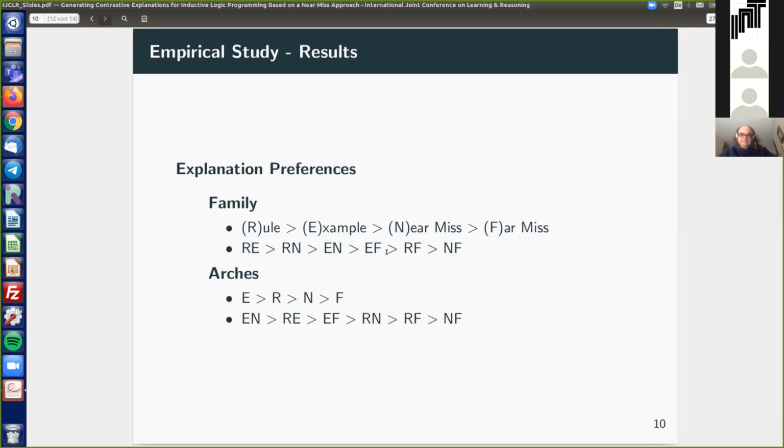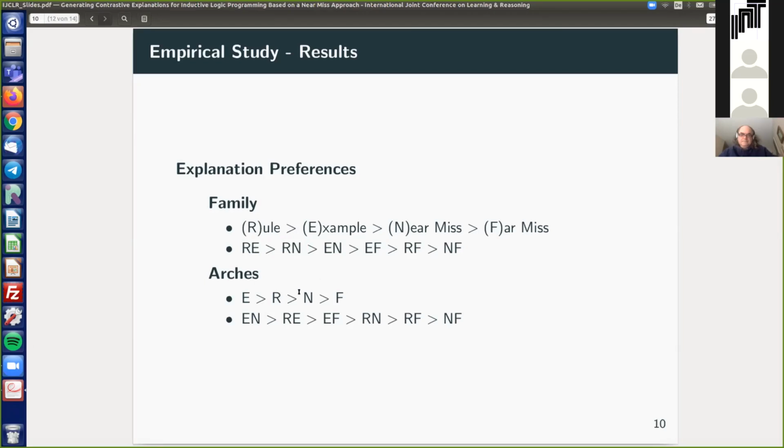And this second row is a comparison of pairings, because we also found it interesting to see if it is better to have a rule and an example together. This time, it was better to have a rule and example in comparison to a rule and a near miss, right?